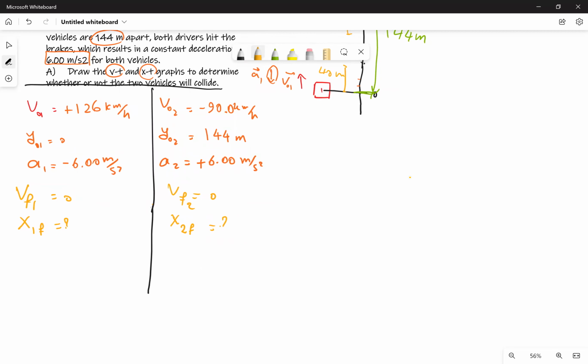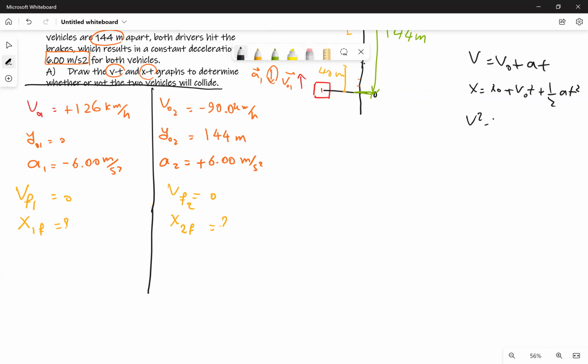Remember, we have three equations that we can always consult. I'm going to write them down. V is equal to V0 plus AT. X is equal to X0 plus V0T plus half AT squared.